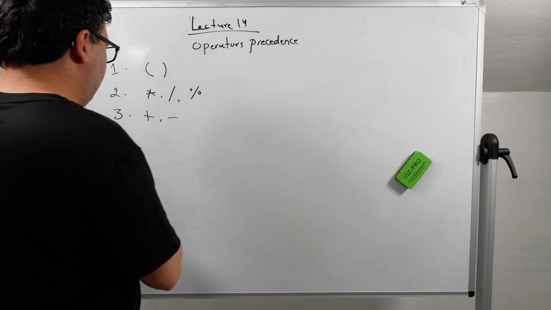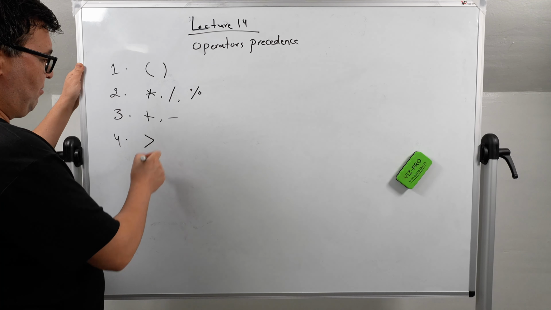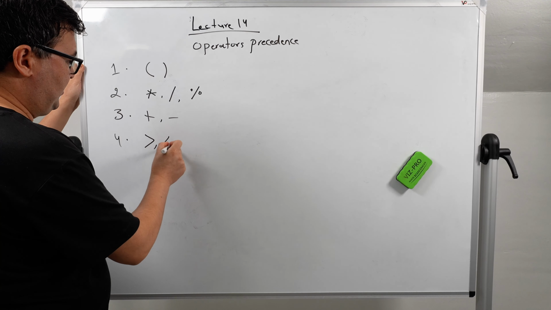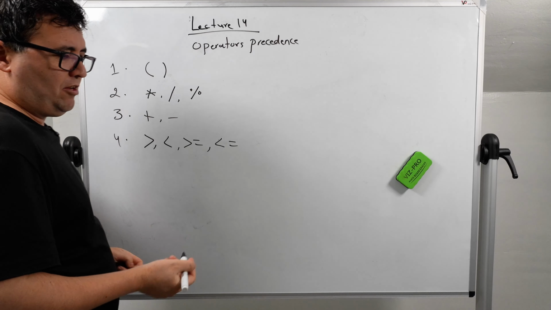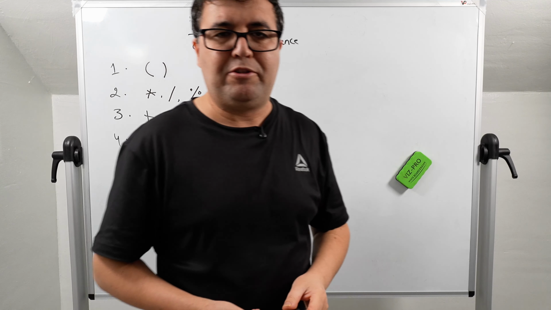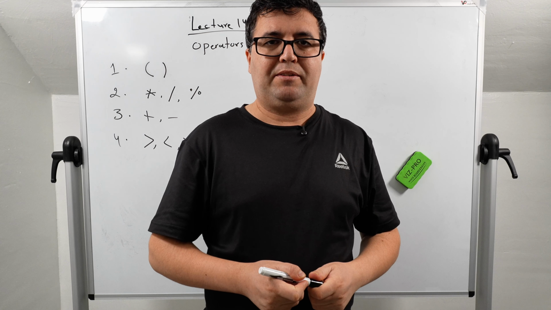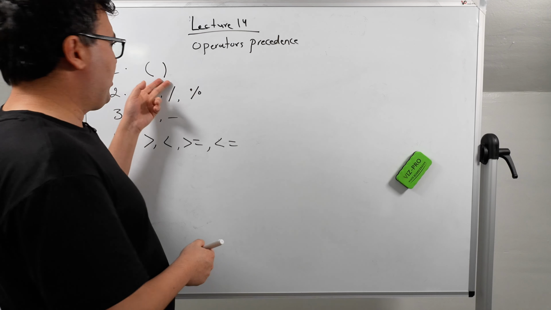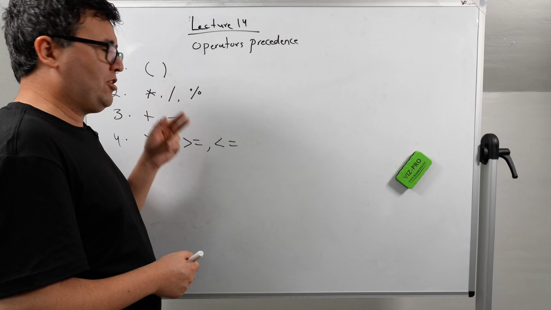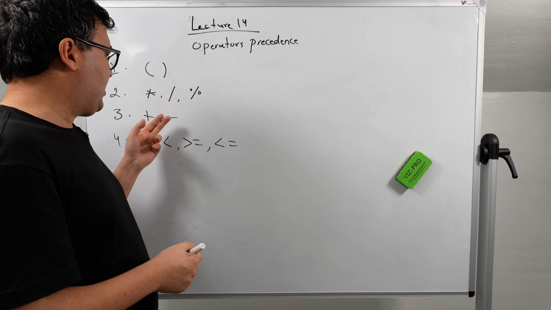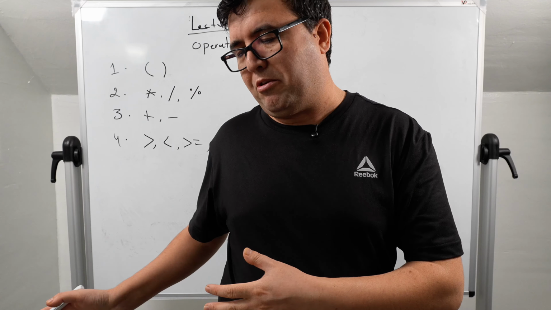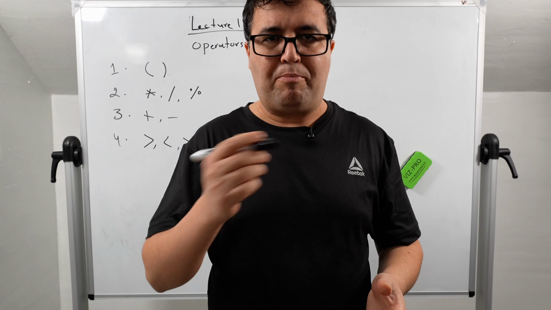Fourth in priority, we have comparison operators like larger than, less than, larger than or equal, and less than or equal. If you have parentheses, multiplication or addition, you perform these operations first, then you do the comparison.